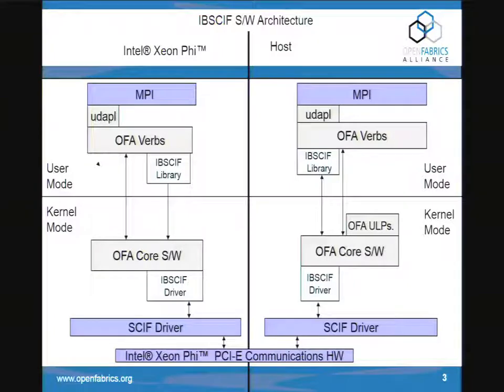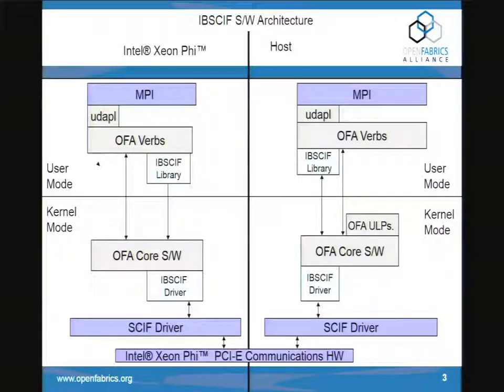And then instead of going to an InfiniBand or iWARP device, we have a low-level driver that was developed for the Xeon Phi card for allowing communication between the host and the Xeon Phi card, or between Xeon Phi cards within one platform. It's called SCIF.